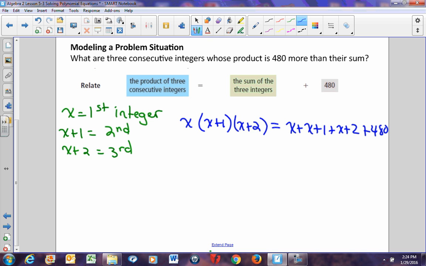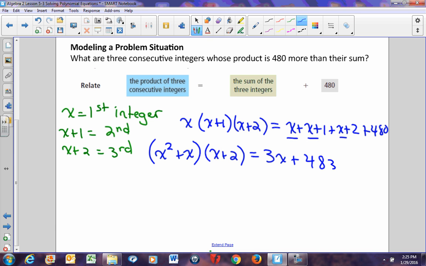So now I'm going to multiply all these integers together. Okay? And so this is going to be x squared plus x. I'm going to multiply that by x plus 2. And this is going to be 3x plus 482. I wrote 83. 483, right? Yeah, 483. That's 2 plus 1 plus 480, 483.